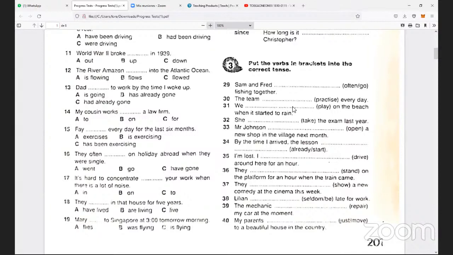Seldom, in the 38th question. Yeah, it is seldom. Seldom means the same as rarely, like often, it's the same. Oh, okay. Lillian seldom be late for work.